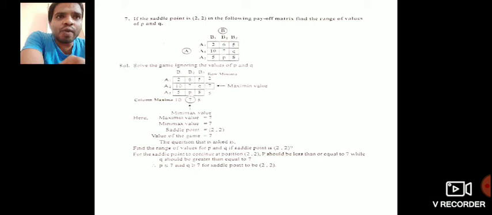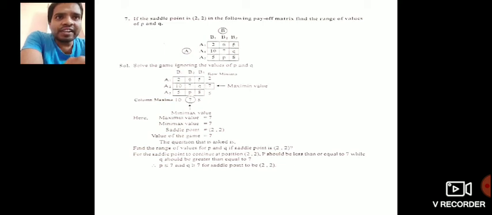You can call that 7 the value of the game. The value of the game is 7, a positive value, so the winner of this game is player A. This value of the game is not equal to 0, you are getting 7, so the game is strictly determinable.